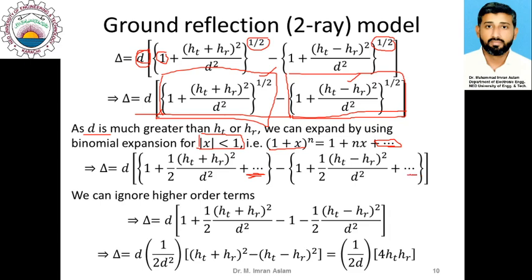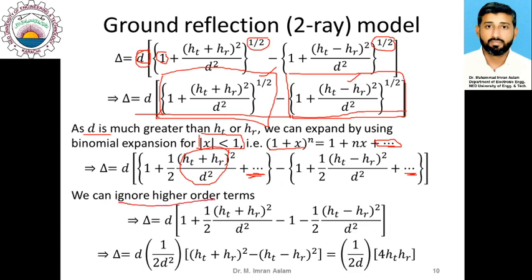Similarly, the second higher order terms are indicated by dots here. As we know that d is much greater than ht and hr, in other words, this entire term is much smaller than 1. In that case, the square of this value will be even smaller, and higher order terms would be significantly smaller, and those terms can be ignored.